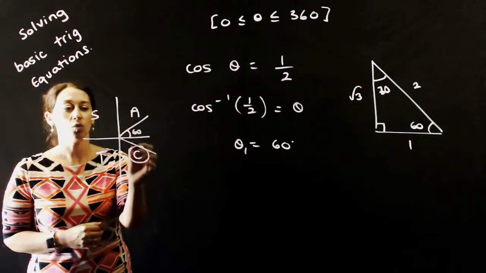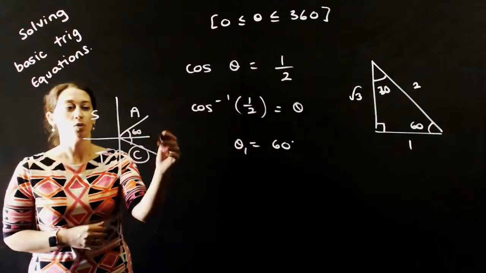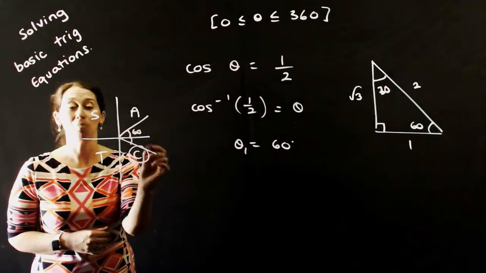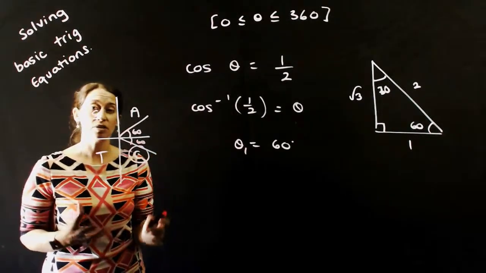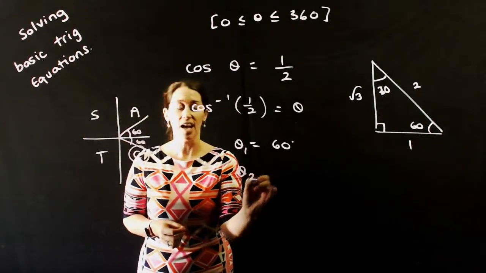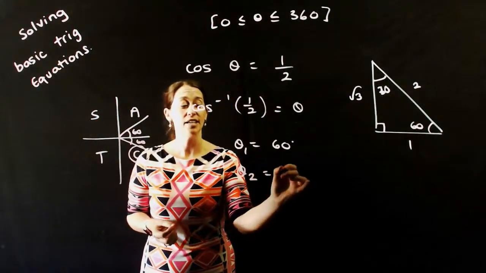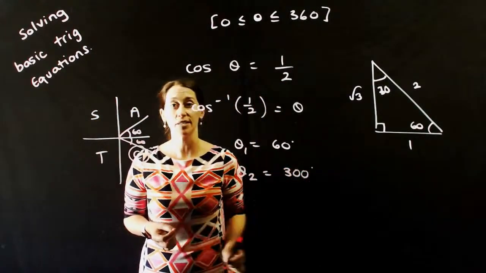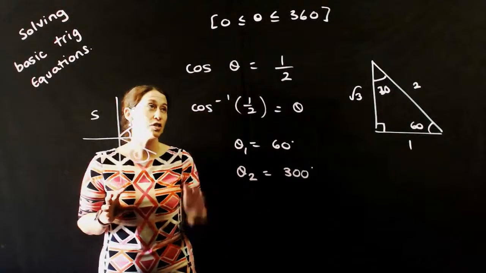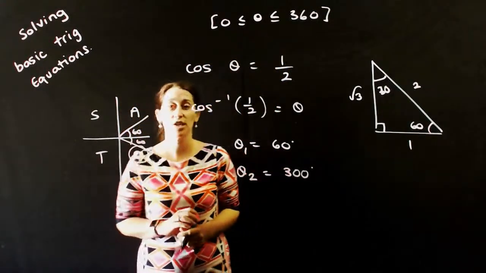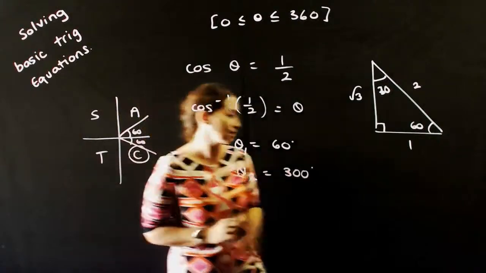So we find out what this angle is here, which of course is 360 minus the 60 degrees, tells us that the second angle, of which cos of the angle is equal to 1/2, is 300 degrees. And that's all the solutions within the domain of 0 to 360 degrees.